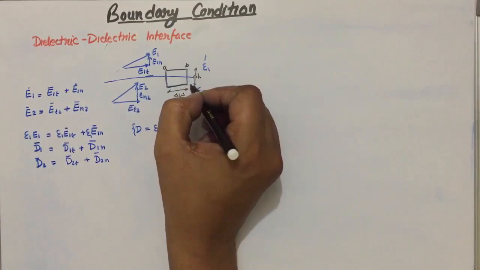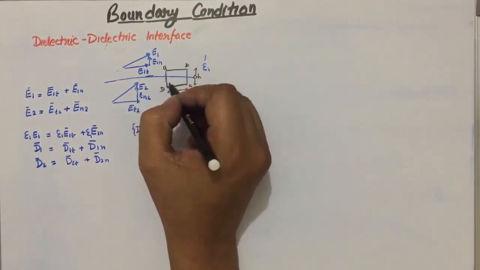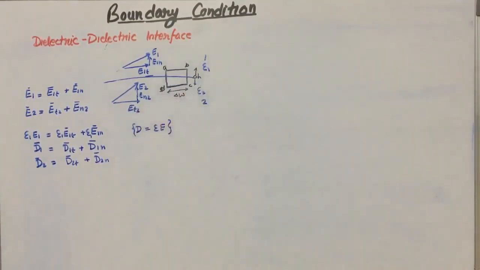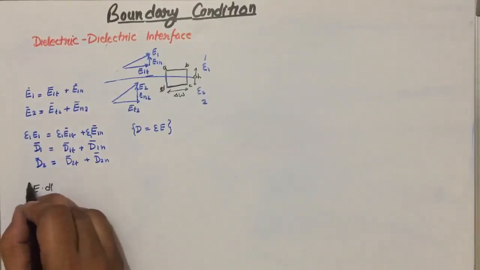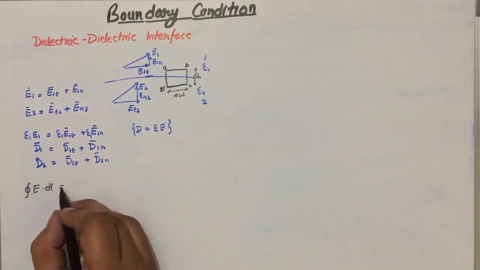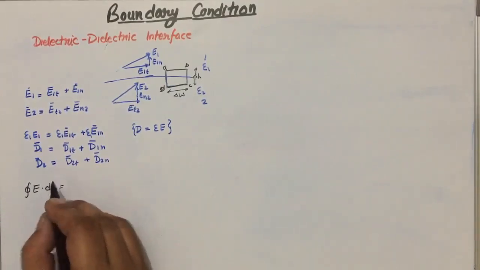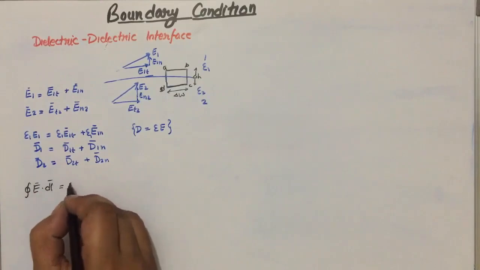Name it A, B, C, D. According to the discussion, we know that in any closed surface E dot dl is equal to 0.